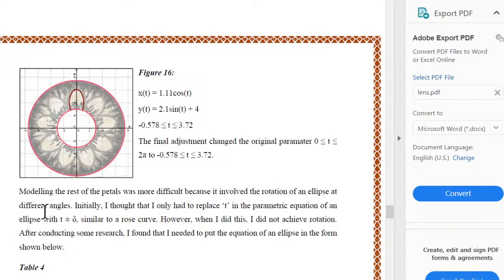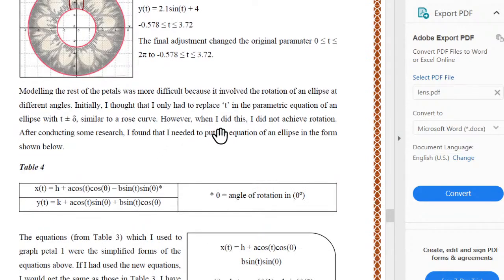Different angles. I thought I'll have to replace the t in the equation with t plus delta. No, that just goes around this one ellipse. But I need to change different parameters. So I need to put the equation of the ellipse in the form shown below.